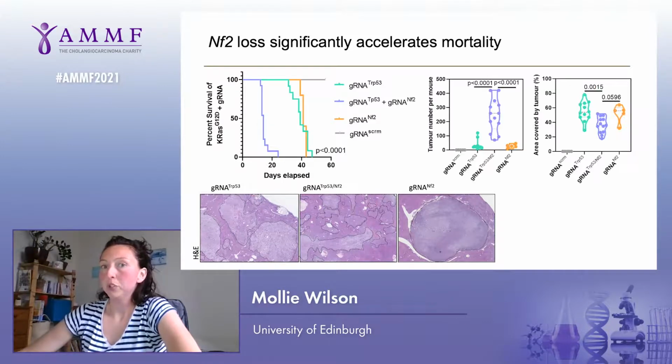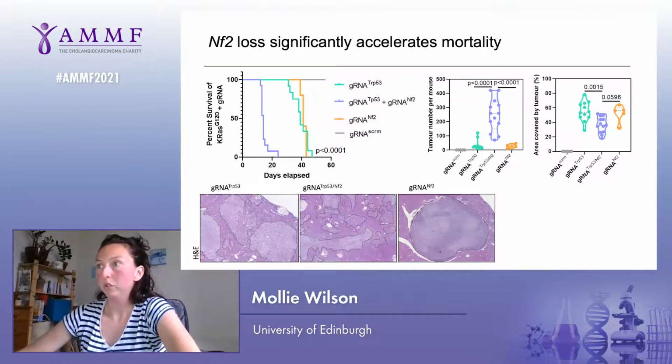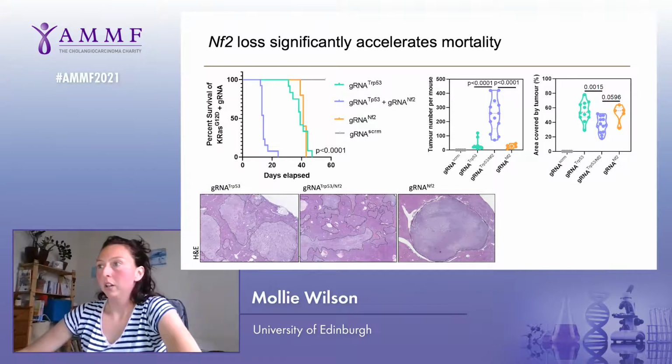The tumour number in the dual loss mice was greatly higher, but the overall area covered by tumour, adjusted as a percentage of the whole area of the liver, was still greatest in the control mice, the Kras TP53. And we also included a scrambled guide control, which is shown in grey here.